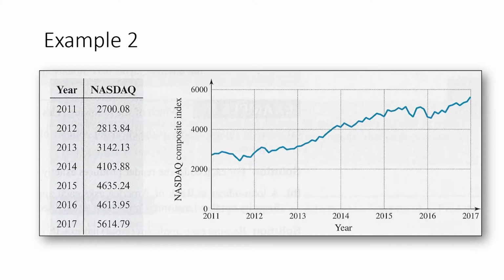The index tracks approximately 4,000 stocks that are traded on the National Association of Securities Dealers Automated Quotations, NASDAQ, System Electronic Stock Exchange. The graph and table display the index value corresponding to each year. In this example, the way in which one quantity corresponds to another is described graphically and numerically.